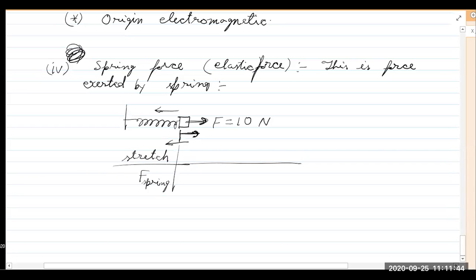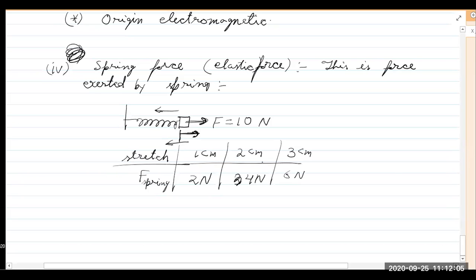Suppose we stretch the spring by 1 centimeter and then we have 2 Newton force. If we stretch the spring by double the amount, suppose 2 centimeter, then the force will become double the initial value. It will become 4 Newton. If we stretch it 3 centimeter, it will become 6 Newton.